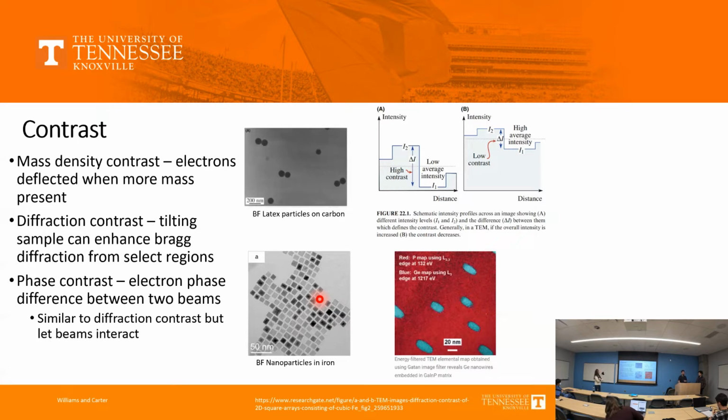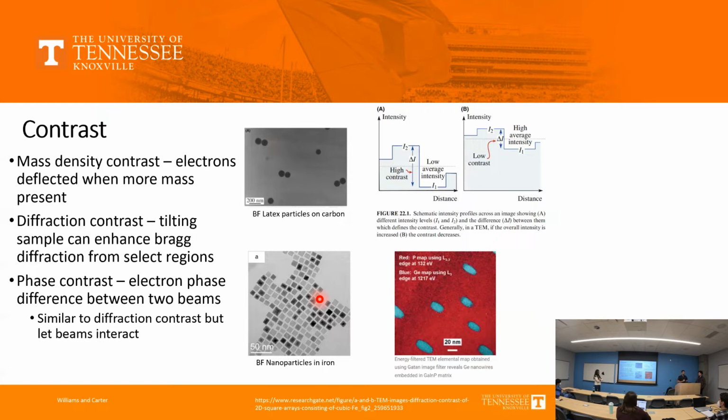Then finally, and I think John will touch on this a little more later, phase contrast has to do not with the material phases, very confusing, but the electrical phase difference between two out of phase electron beams, that is in the two beam condition.